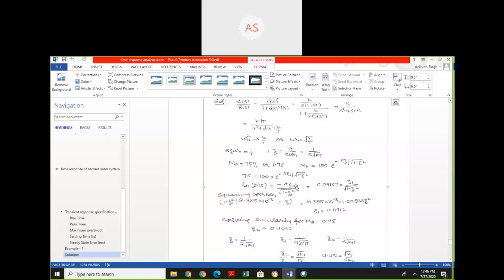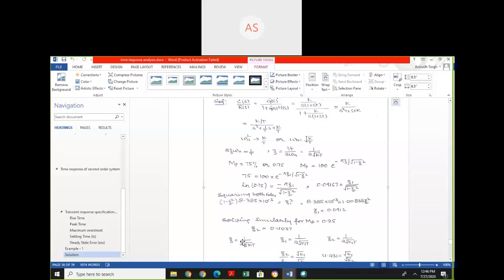Here you have to calculate the value of zeta. Sorry, the value of zeta has to be calculated. Take the log of this equation and you get the value of zeta 1, and the value of zeta 1 is 0.0912.